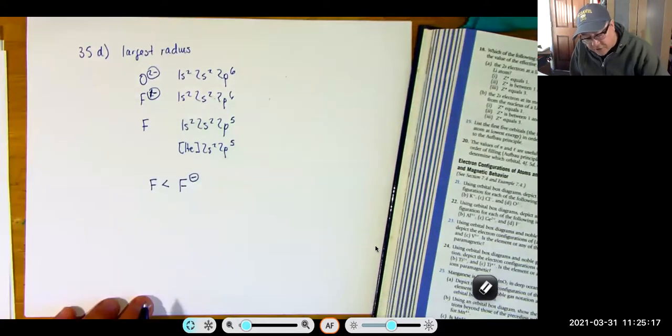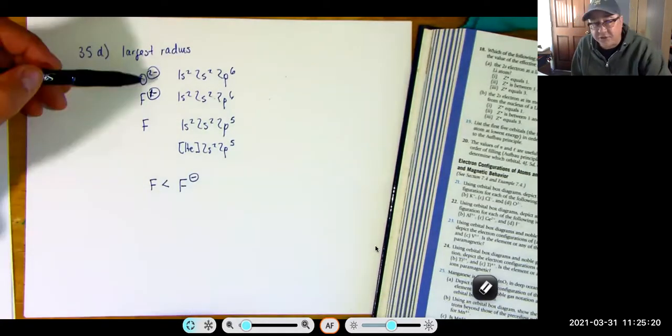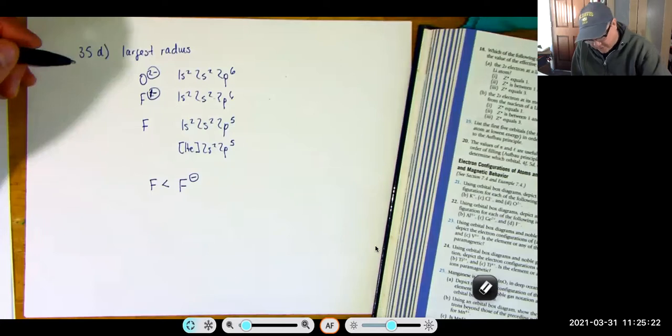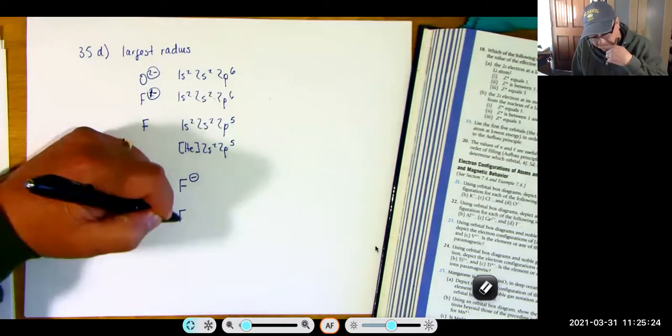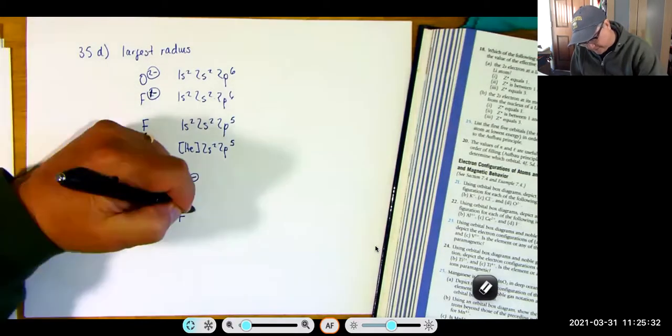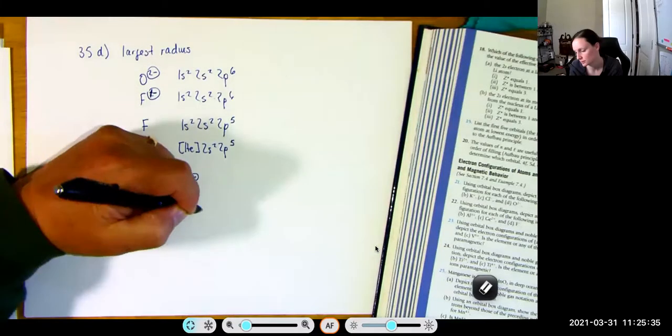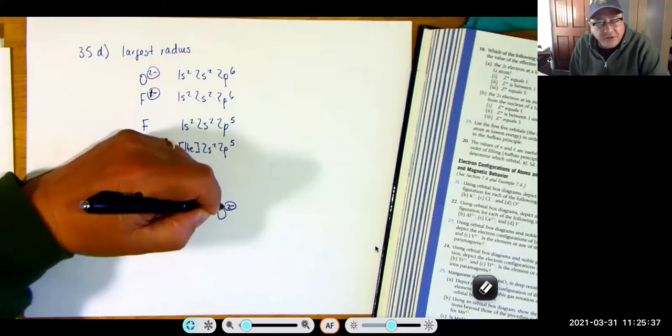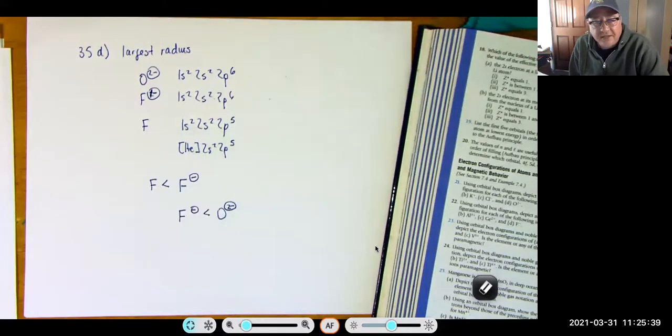Well, let's compare the two anions. What about O2 minus or F minus 1? Well, we're going to say, you know what? Probably O2 minus is going to be bigger, right? Need to look at the nucleus.